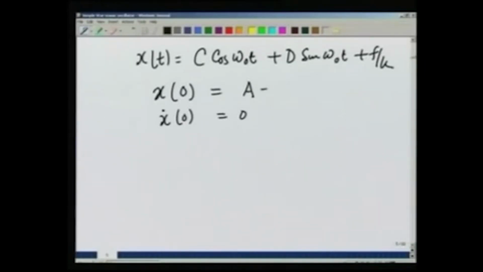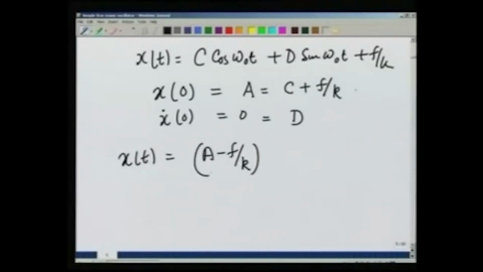This should be then equal to c plus F over k, and this gives me d equal to 0, and therefore the general solution x(t) is going to be c, which is A minus F divided by k from this equation, times cosine of omega 0 t, plus F divided by k.